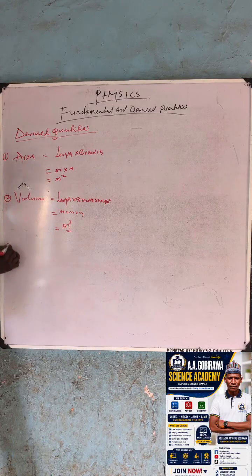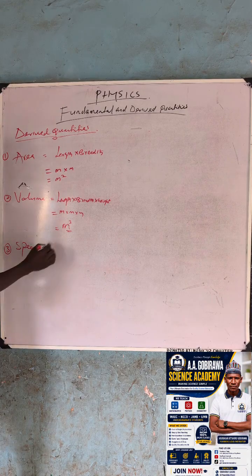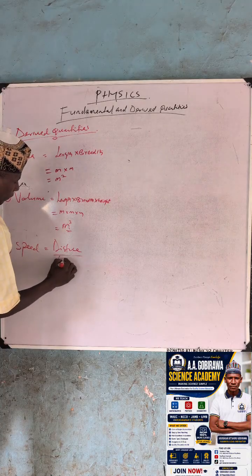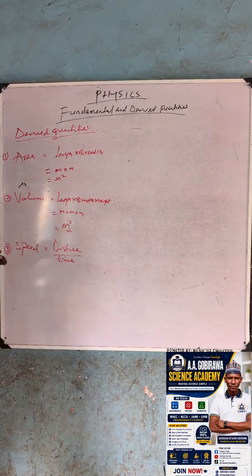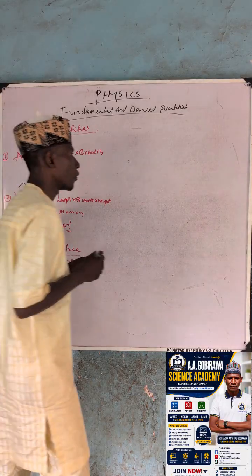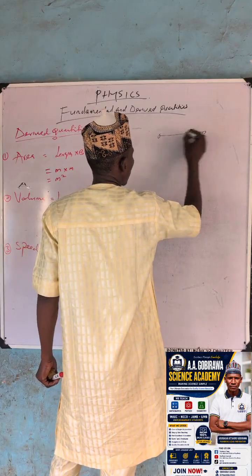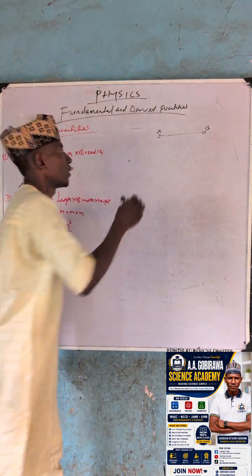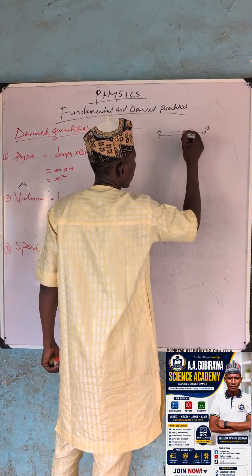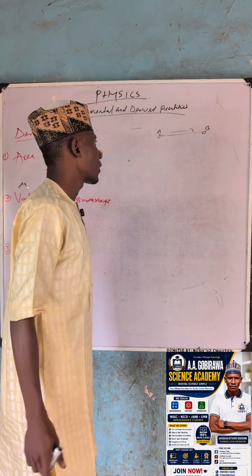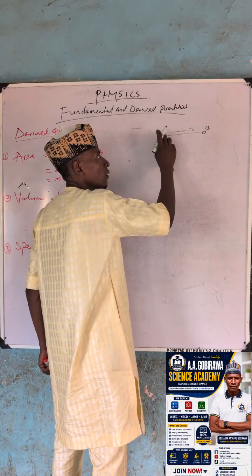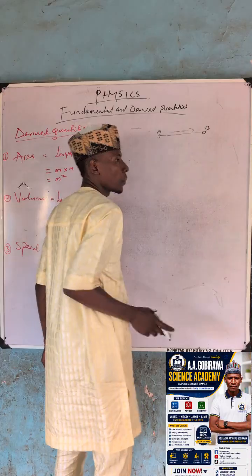Then number 3, we have speed. Speed is the change of distance all over time. Like if an object moves from point A to point B with a specific direction, that movement from point A to point B is the distance, what it covers from here to here, within a specific time.